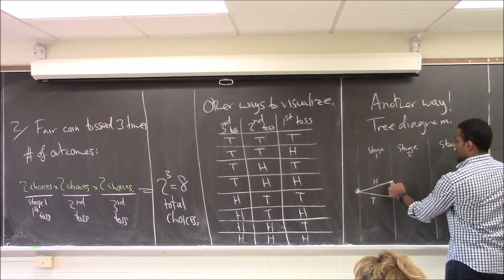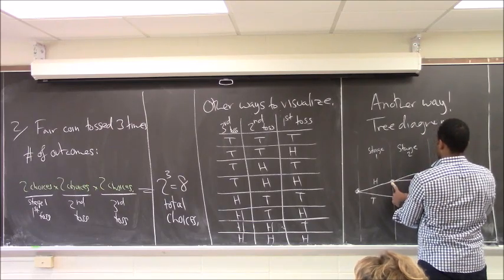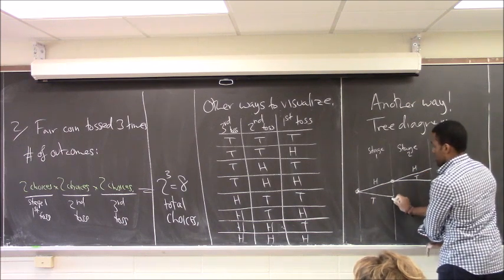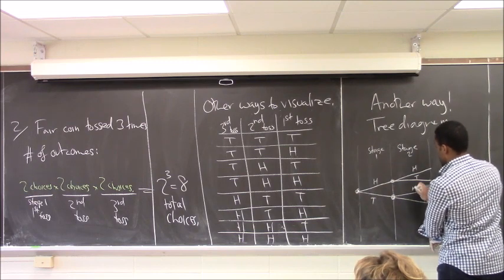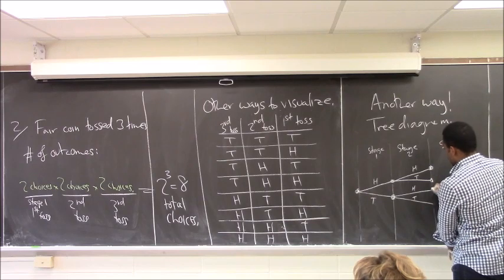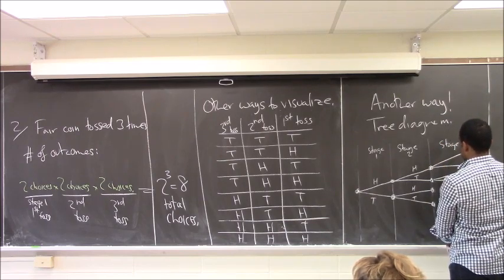Now, assuming this outcome happened, you're now here, and you have 2 possible outcomes. So from there you can get heads or tails. The same thing will be true if you ended up in this position. You would have 2 outcomes, heads or tails. Then each of these points, if you're in any of these positions, will also branch off into 2 possibilities.